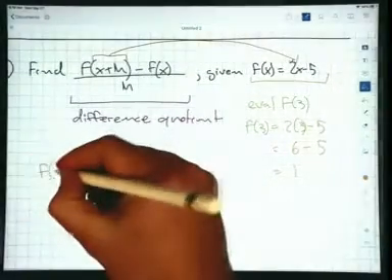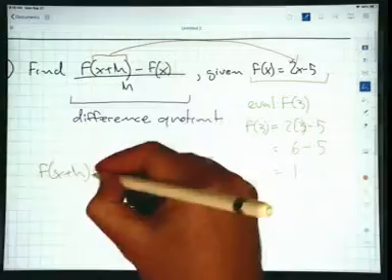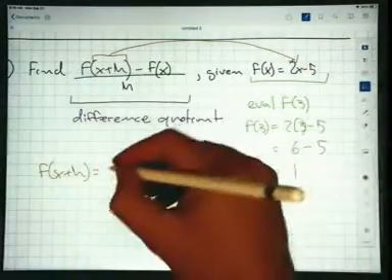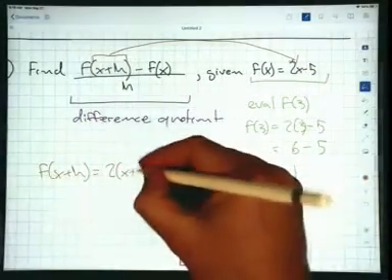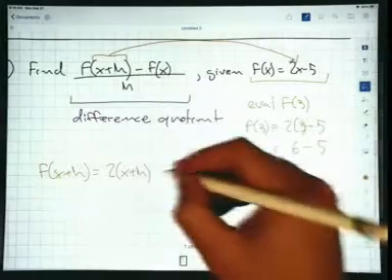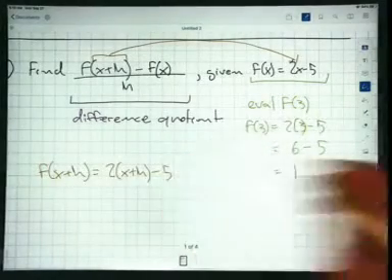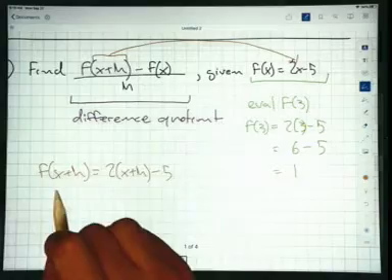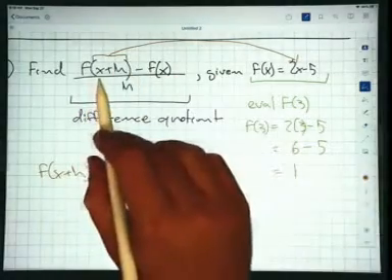So f at x plus h is equal to 2 times x plus h minus 5.